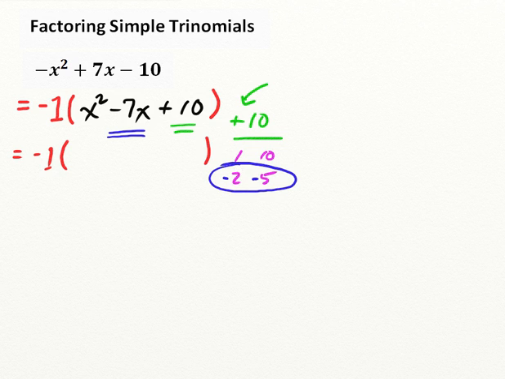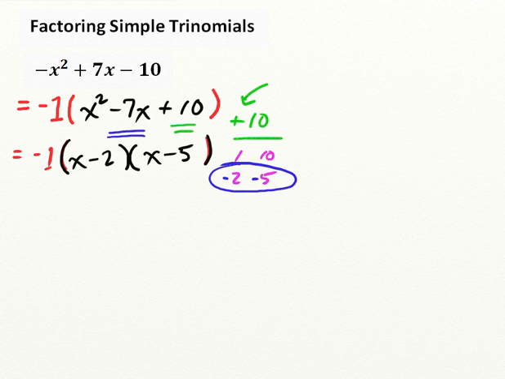So once I see that, I'm done. We know that, and I'm just going to put in my 2 brackets now. And I know that these are the factors. So x minus 2 and x minus 5. There is the answer for that expression factored.